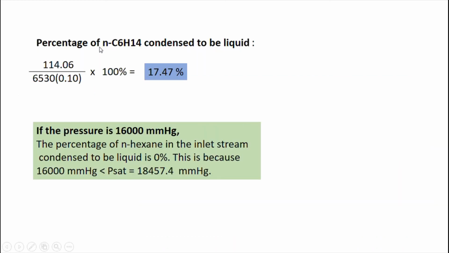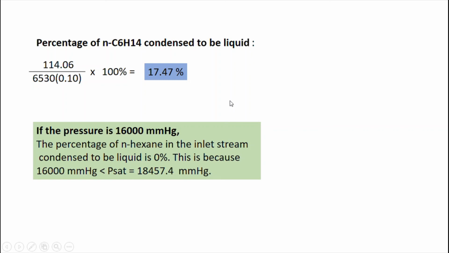Then we calculate the percentage of N-hexane condensed to liquid. We use N2 divided by the N-hexane of the feed stream, which is 0.1 times 6530, multiplied by 100%, and we get 17.47%.